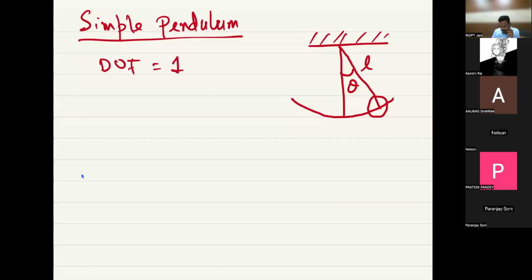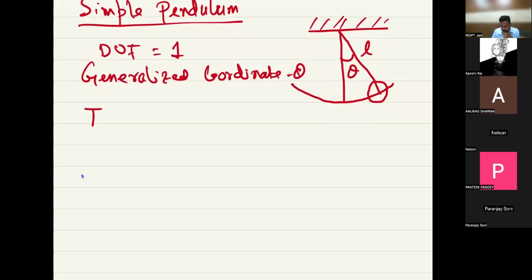That should be 1, right? And what is the generalized coordinate in this case? The generalized coordinate is theta. Now tell me what will be the value of kinetic energy for this simple pendulum.